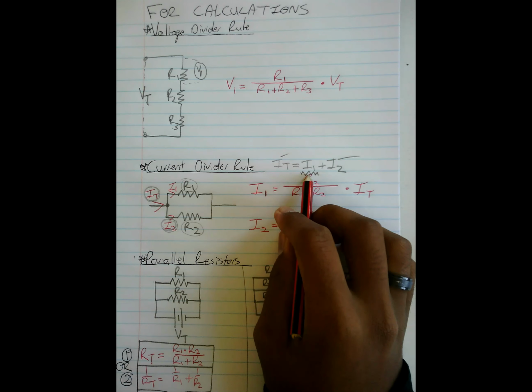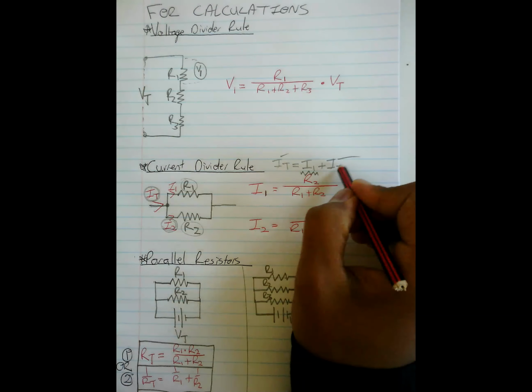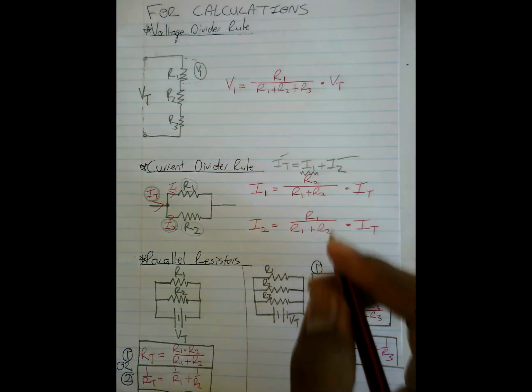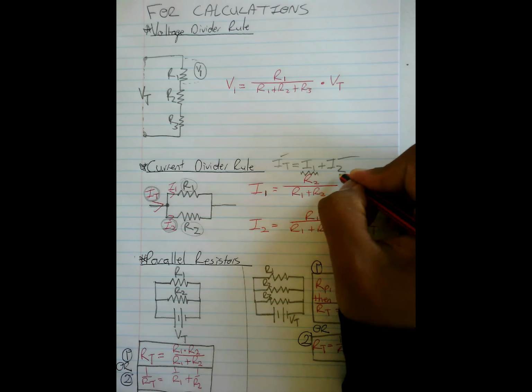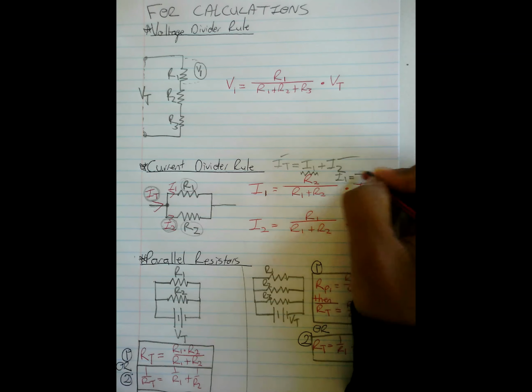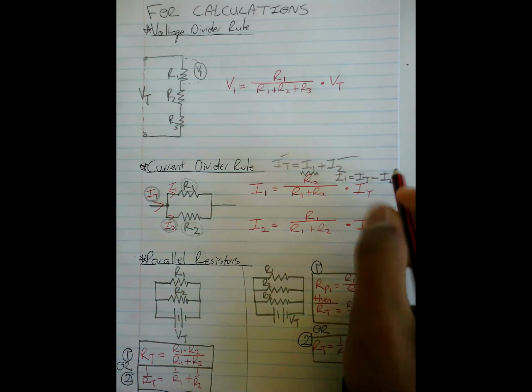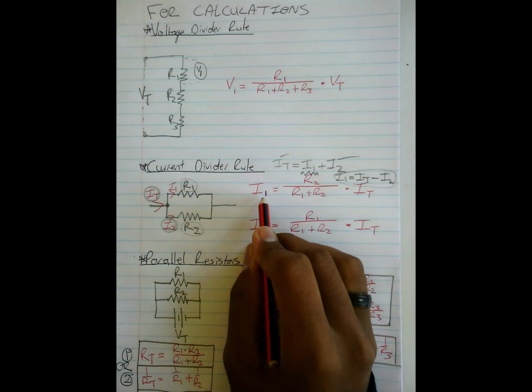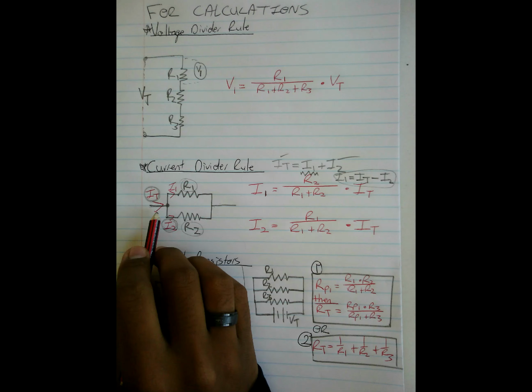To get I1, we use our mathematical skills, and we take this I2 to this side, and it will become I1 equals I total minus I2. This is another way of getting our I1 using Kirchhoff's current law.